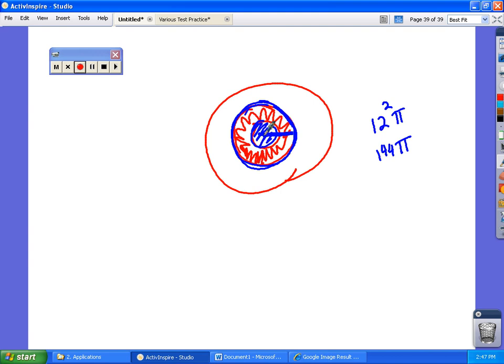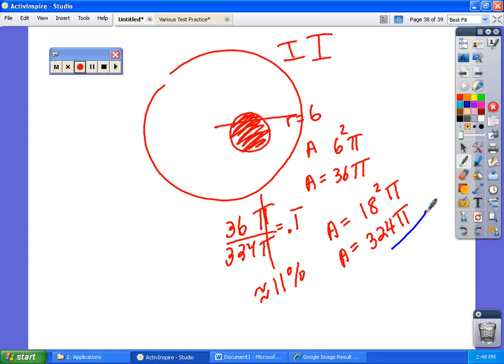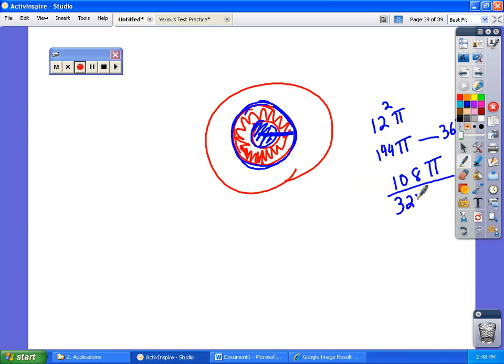But then I'm going to subtract the area of the bullseye, which we already found out in the last problem was 36 pi. So when you have 144 minus 36, you're going to get 108 pi. So that's the area of just this part right here. Now, in order to know the probability I'm going to hit the middle ring, I'm still going to divide it by the area of the whole thing, which we've already figured out is 324 pi.